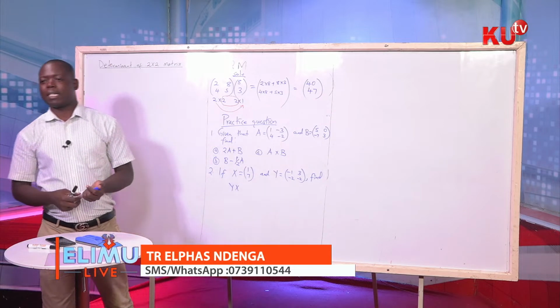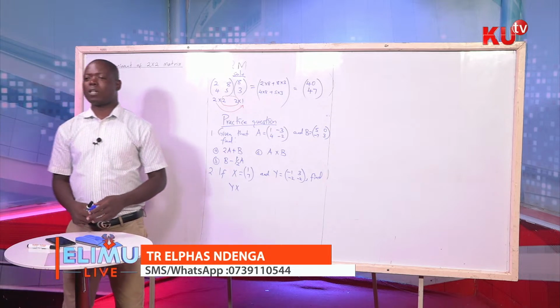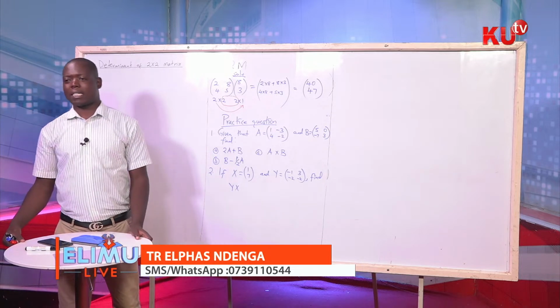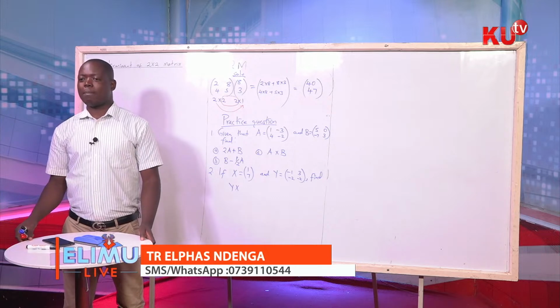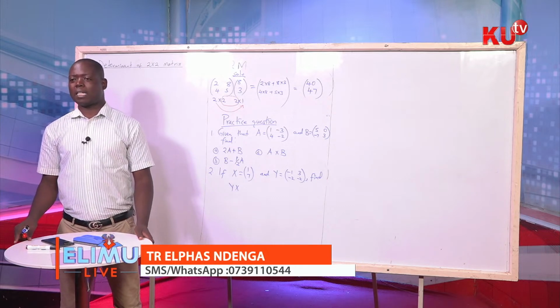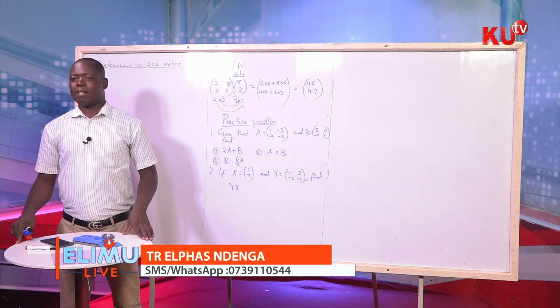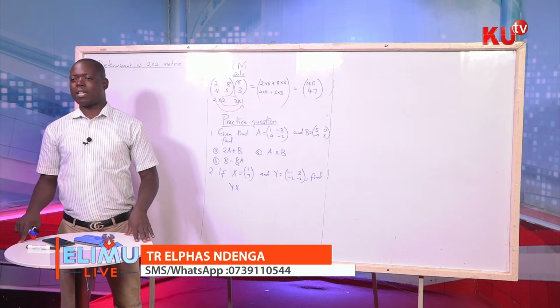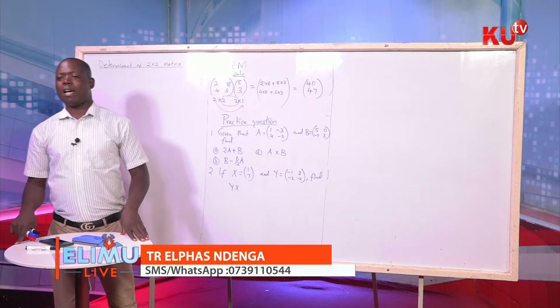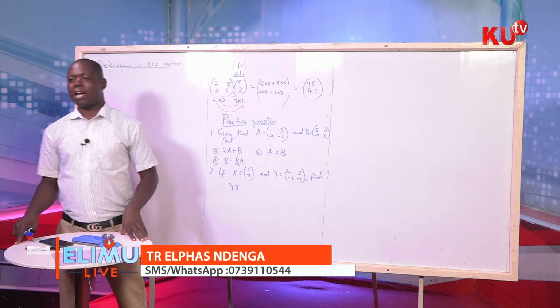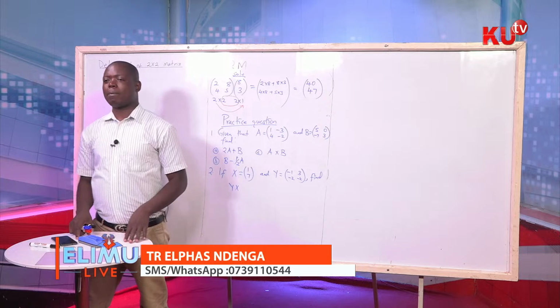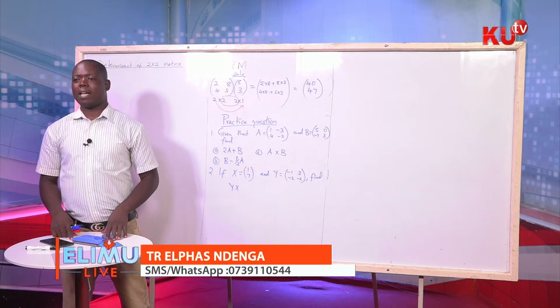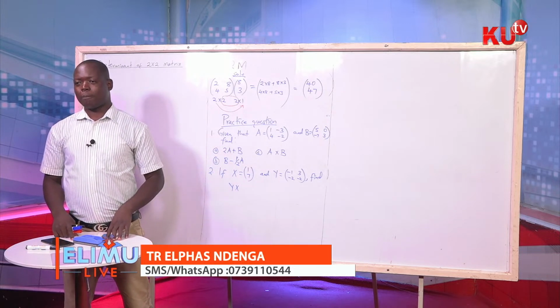Who will try to explain what is the determinant of a matrix? Yes, the determinant of a matrix is the difference in the product of elements in the leading diagonal and the product of elements in the other diagonal.